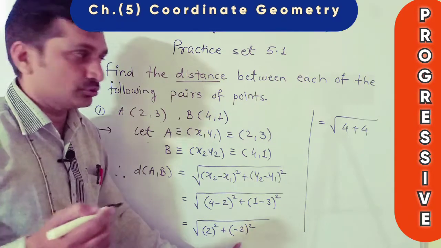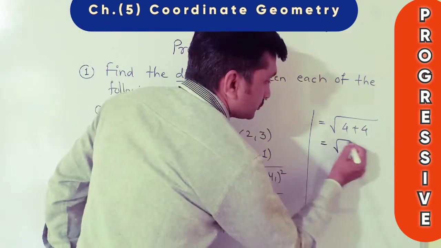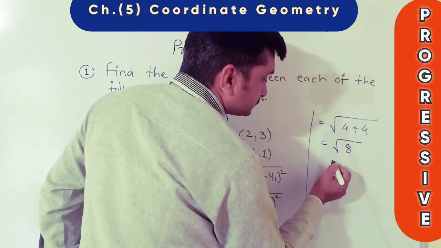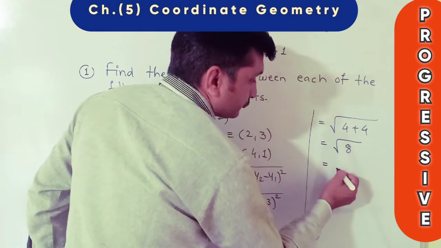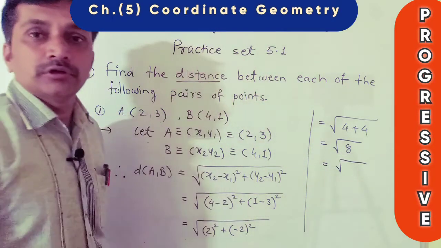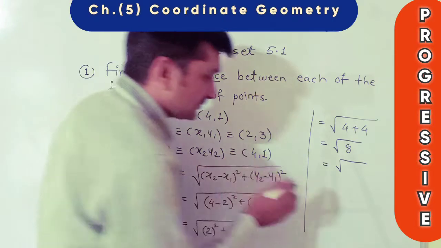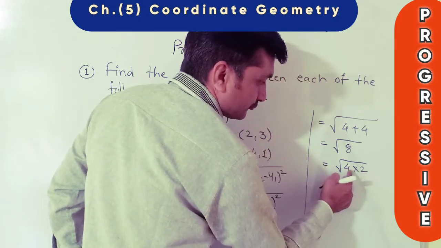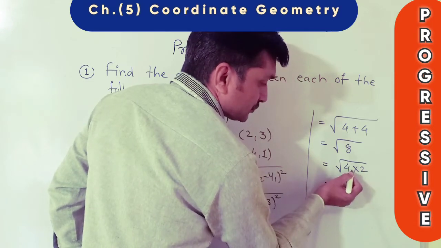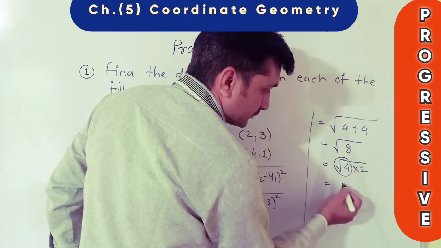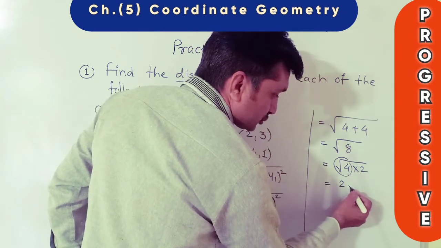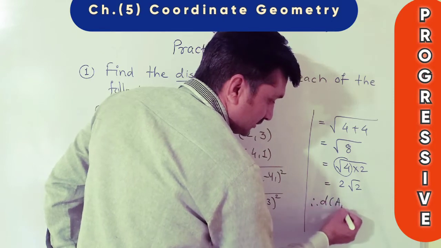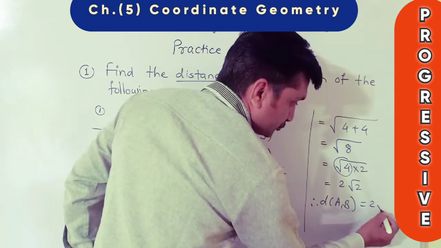Square of minus 2 is also 4, is equal to the square root of 4 plus 4, 8, and is equal to, now you split 8 as 4 times 2, 4 is a perfect square and 2 is not a perfect square. 4 twos are 8, and the square root of 4 goes outside, square root of 4 times 2, and this square root of 2 is irrational. This is the distance. Therefore, distance AB is equal to 2 square root of 2.